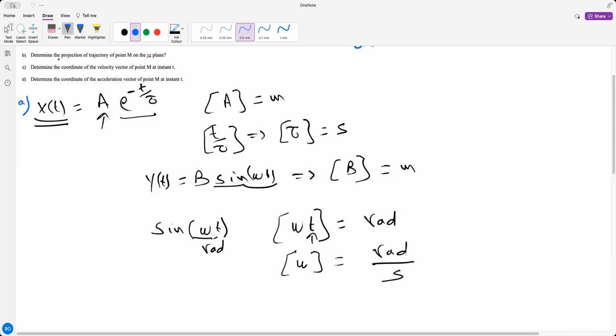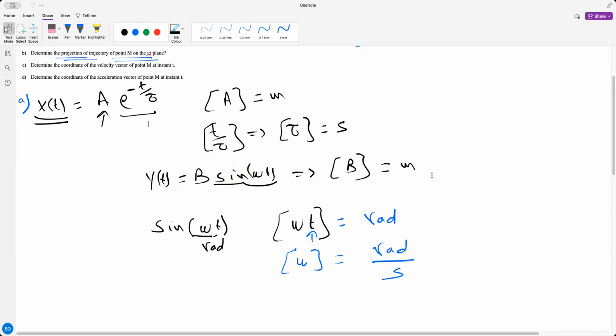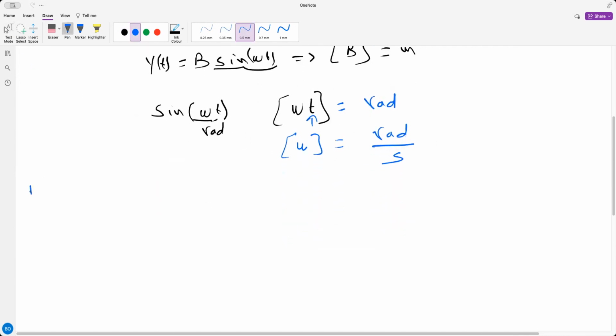Question B: determine the projection of the trajectory of point M on the YZ plane. So what is the question? I want the projection of the trajectory of this object on the plane YZ.